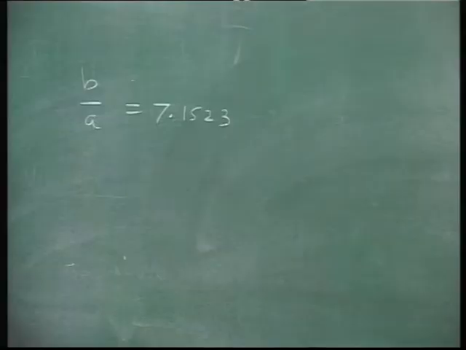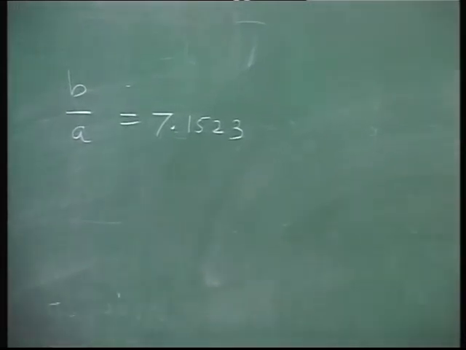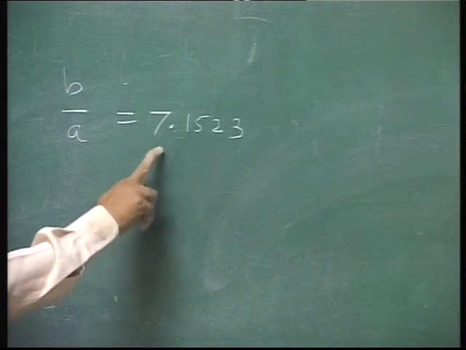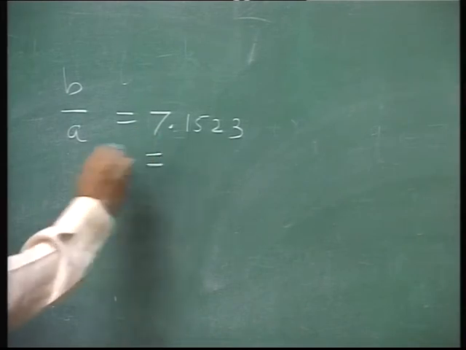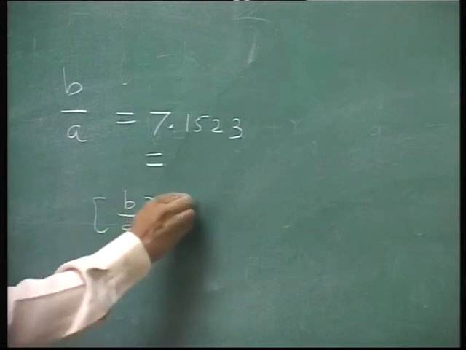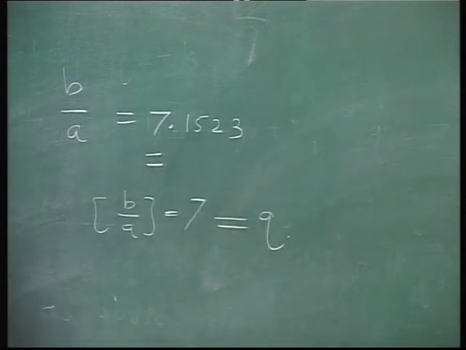Some such answer you will get by using a calculator or a software which does division. And then we look at the integral part, which is easy to find out, that is 7 in this case. So the integral part of b by a, that is 7, and this is the value of q.